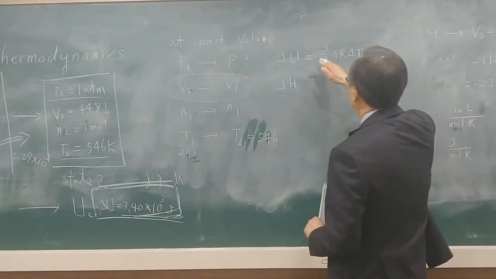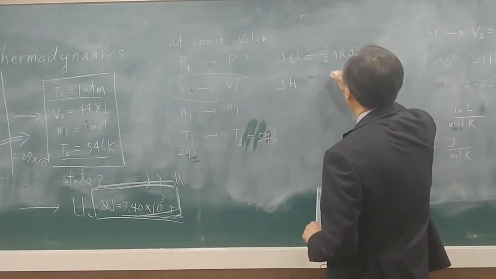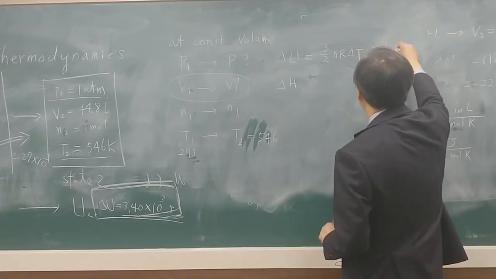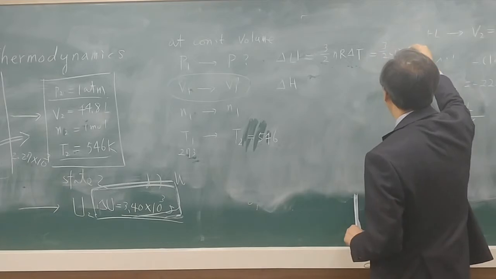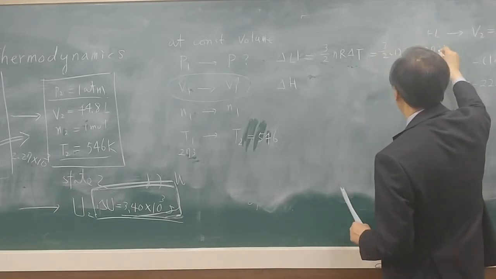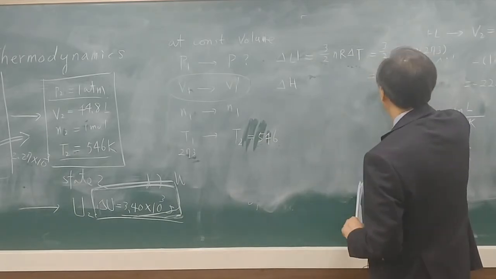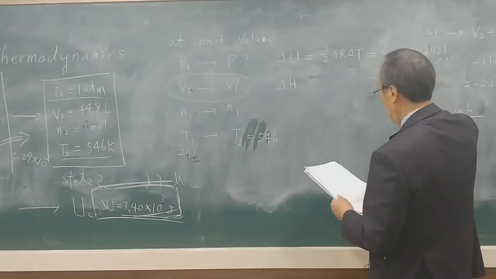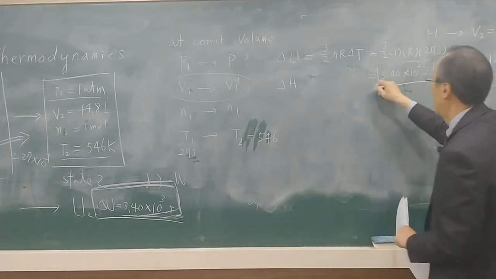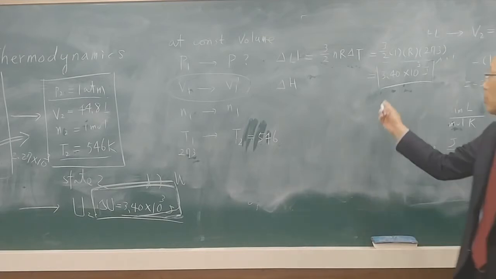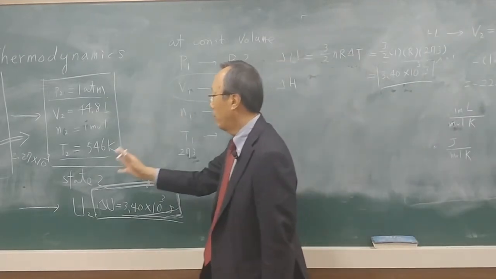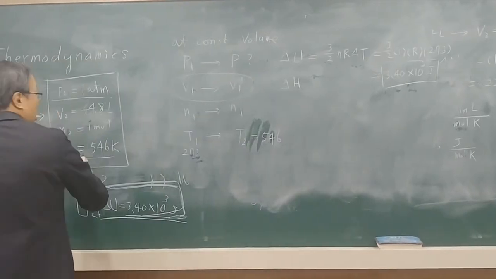So internal energy delta U equals N R delta T. Therefore, 1 mole times R times delta T 273 is equal to 3.40 times 10 to the 3 joule. The same. At constant pressure and constant volume, the temperature change is the same.